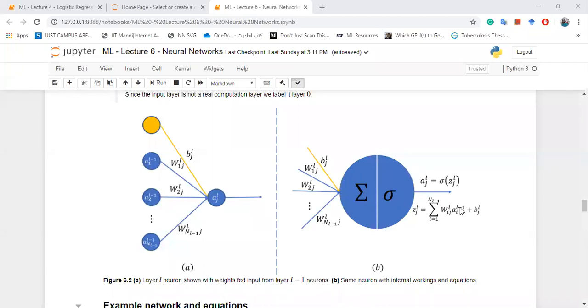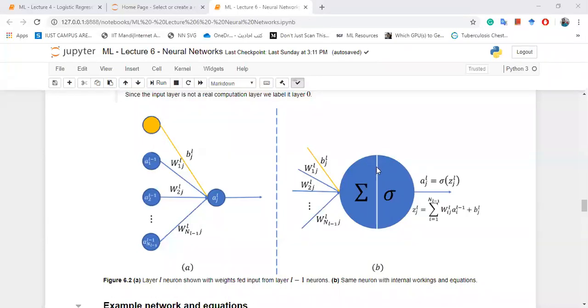So you take the weighted sum, finally add a bias term, and that gives you this Z term. We read this as the pre-activation of neuron J of layer L. Then we pass this Z_j^L through the nonlinearity, which here is the sigmoid or the logistic, and that gives us A_j^L, that means the activation or the output of the jth neuron of layer L.